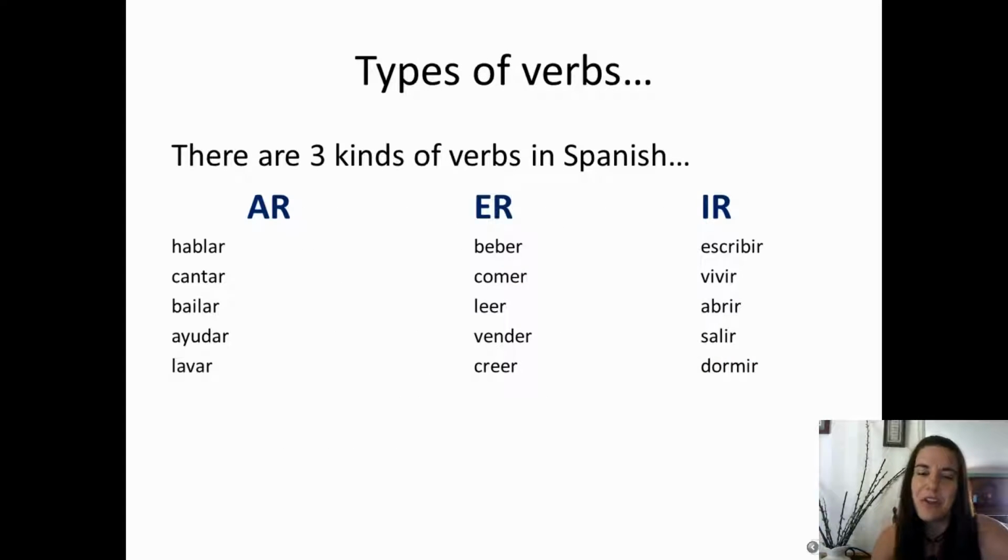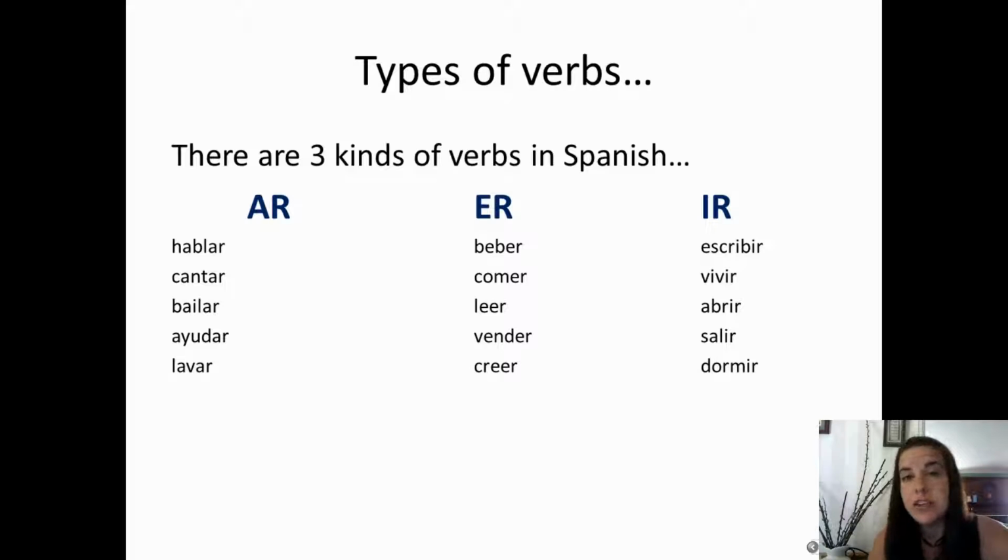So there are three kinds of verbs in Spanish, and I promised you that every verb you meet in Spanish will fall into one of these three categories: AR verbs, ER verbs, and IR verbs. We already learned how to conjugate AR verbs. They were verbs like hablar, cantar, bailar, ayudar, lavar. As promised, they all end in AR.